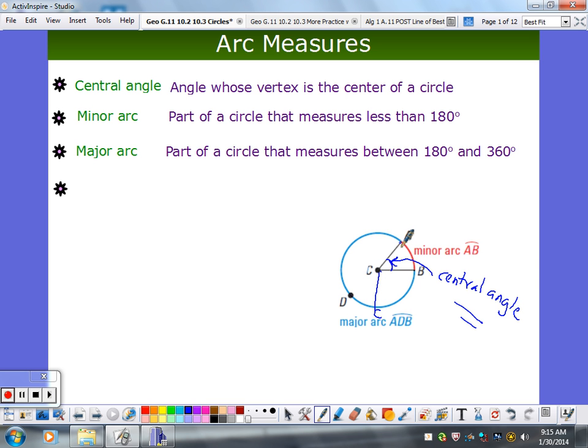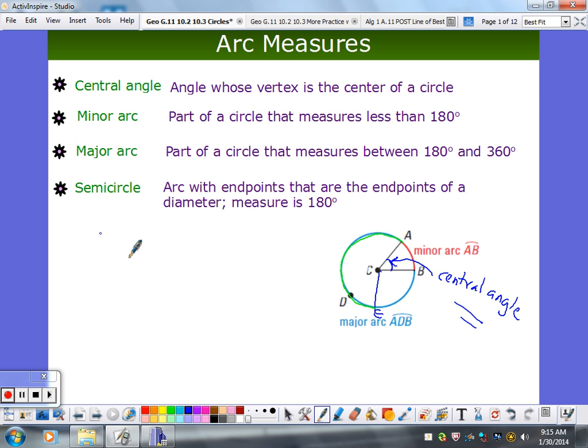If I go all the way around from A, all the way here, that is an arc, but it's called a major arc because it measures more than 180 degrees. It's more than half a circle.